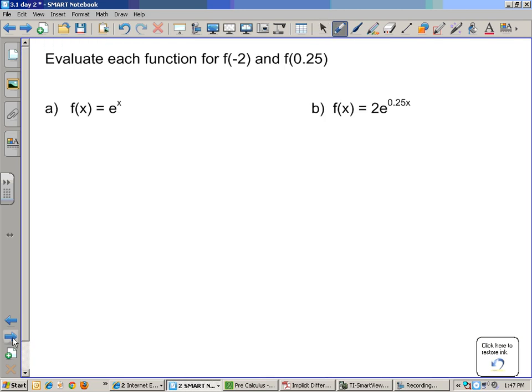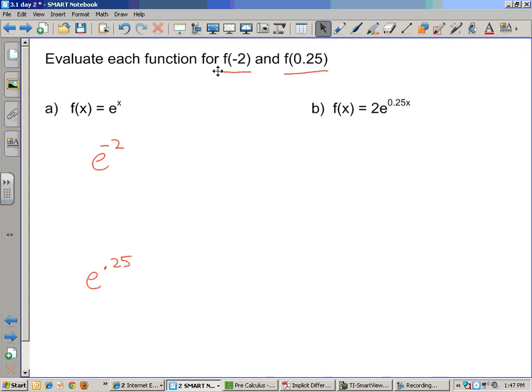So when this says f of -2 or f of 0.25, we're really plugging those values in. Okay, so go ahead and pause now, and then take a look at your calculator and see what your calculator says. I'm going to go ahead and use a calculator right here and see what I get.